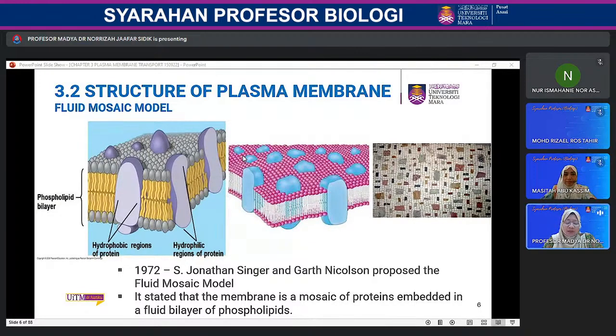After the invention of the electron microscope, many scientists contributed to the development of the modern membrane model.